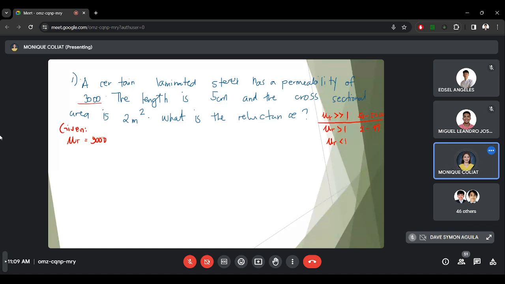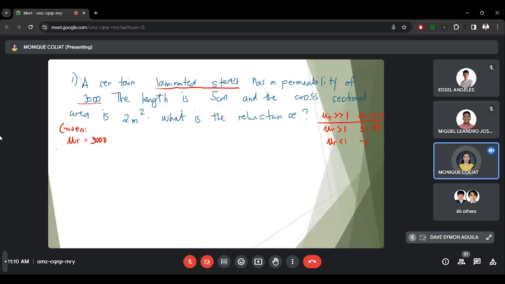Mu r of a diamagnetic material is less than 1, so it is negative. Basically, negative numbers mean diamagnetic. So laminated steel is a ferromagnetic material, because its mu r is 3,000.